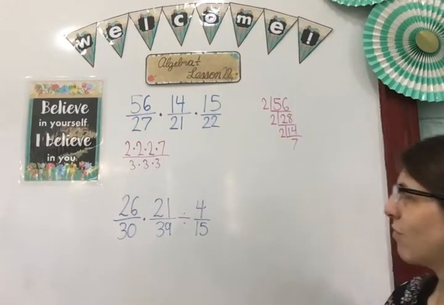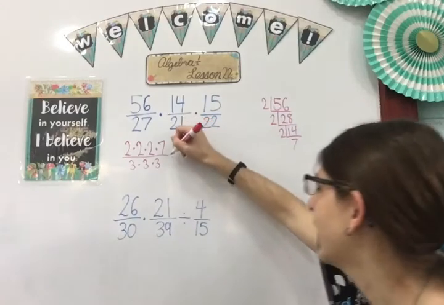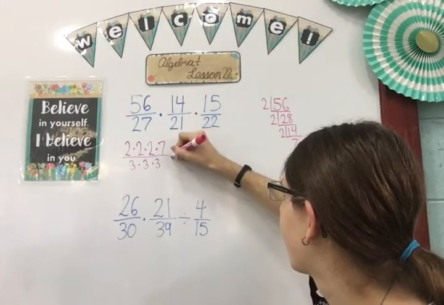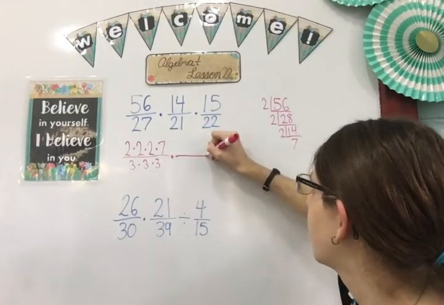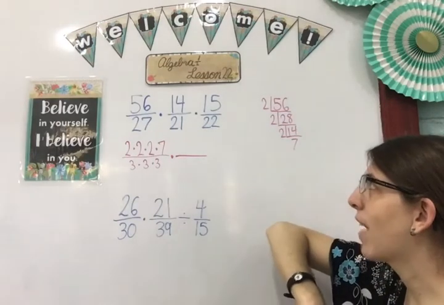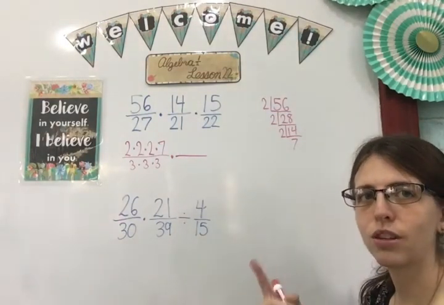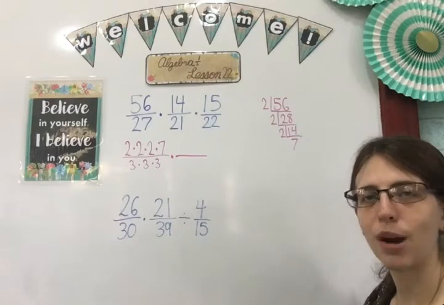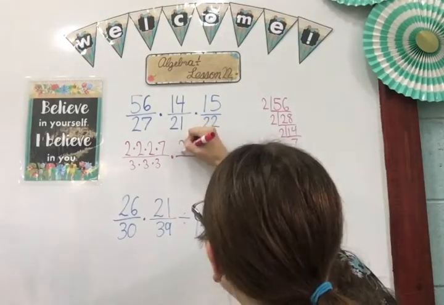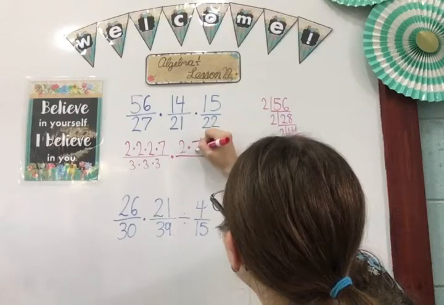Now I have the next fraction, which is 14 over 21. So the prime factors that make up 14 are 2 and 7, because 2 goes into 14 7 times. 7's a prime number, so I can't reduce that anymore. So 2 times 7.